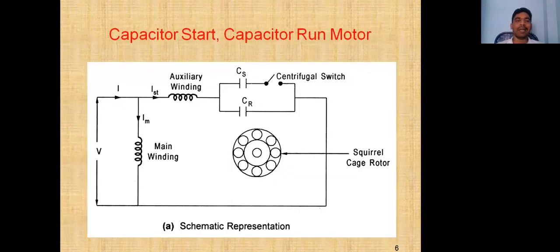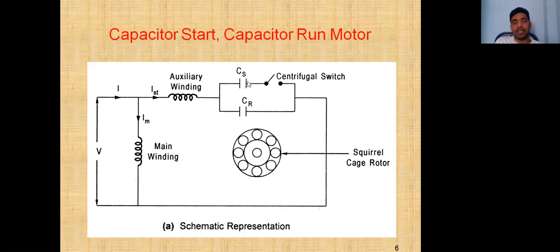This is the capacitor start capacitor run motor schematic representation. Here is the main winding and the auxiliary winding. It has a starting capacitor and a running capacitor. The starting capacitor is connected through a centrifugal switch, and the running capacitor is connected in series with the auxiliary winding.